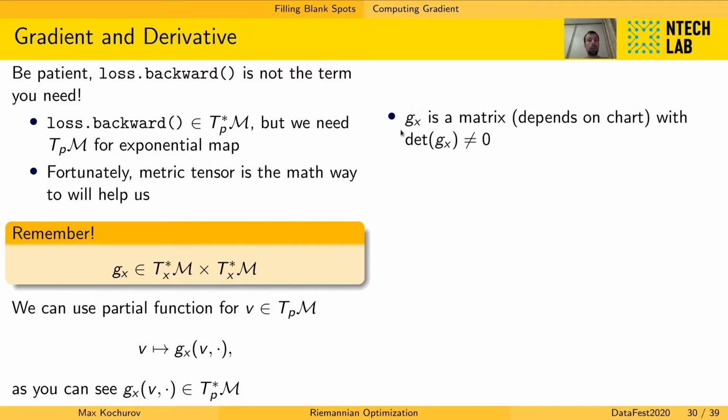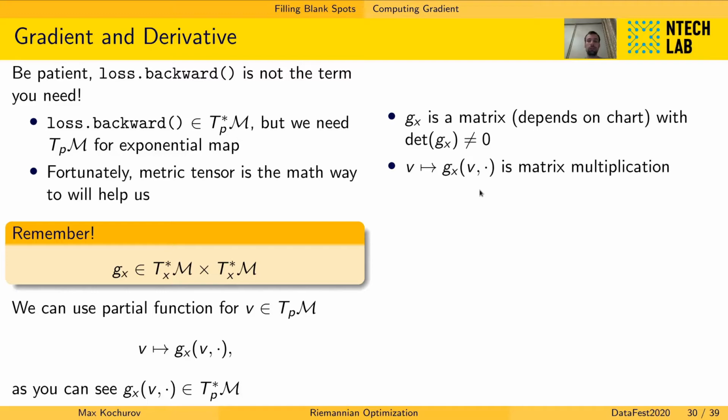So, this metric tensor can actually be represented as a matrix that will numerically depend on which chart you use to calculate inner products, but its determinant will always be non-zero, and numerically this will be matrix multiplication.